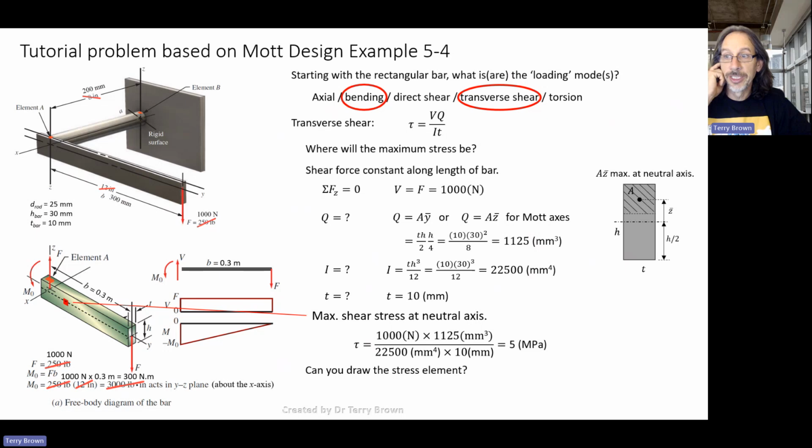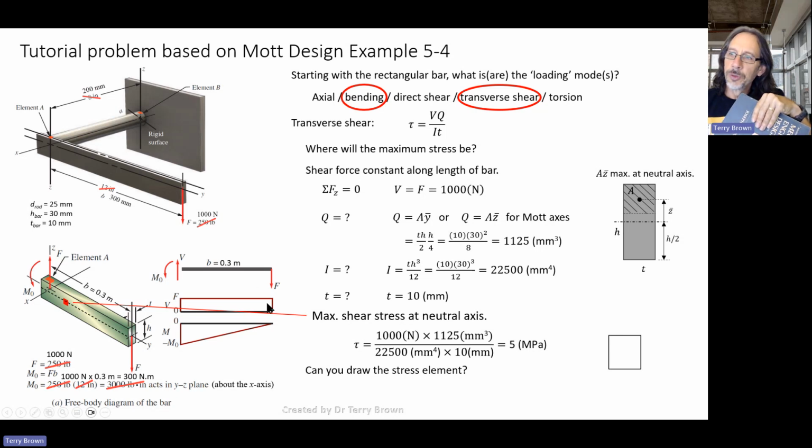Can you draw now the stress element? Now this is a bit tricky. So start with the square. Even though this transverse shear, I've talked about it being along the length, now you can probably go back and think about it more along the lines of direct shear.